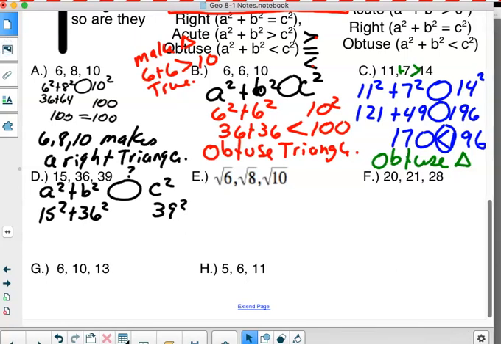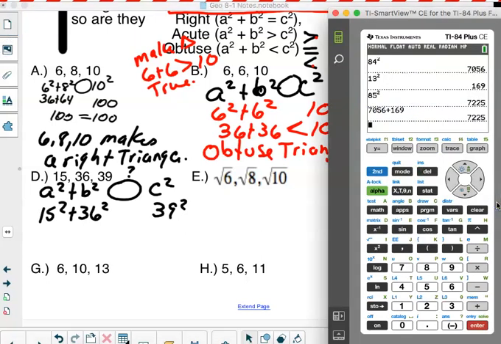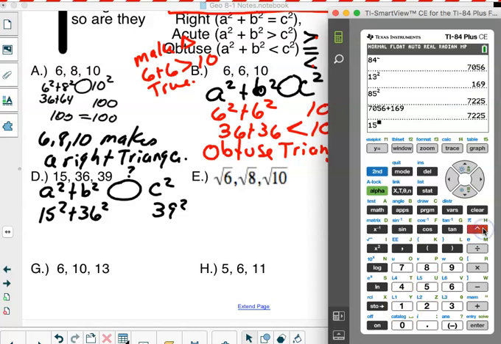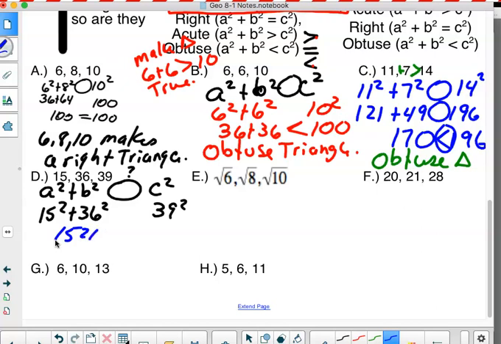So let's just check it with my calculator. Notice, I've written down the stuff I'm checking out. Double check the numbers you put in. Holy cow, they're the same. So I know that this is 1521 and this is 1521. So they're equal. This is a right triangle.